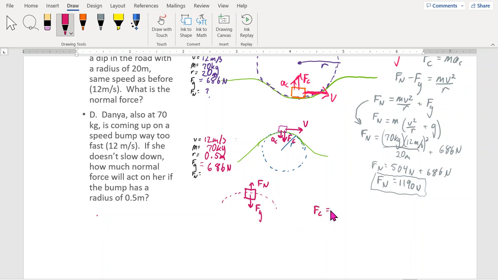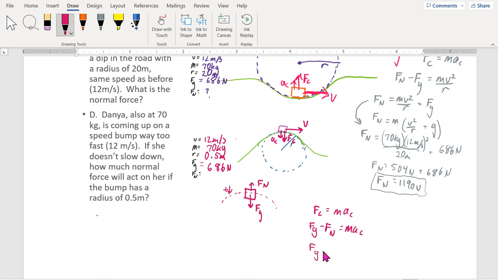Centripetal force equals mass times centripetal acceleration. And once again, gravitational is positive, right? So gravitational minus normal equals mass times centripetal acceleration. Now we're going to be solving for the normal as before.